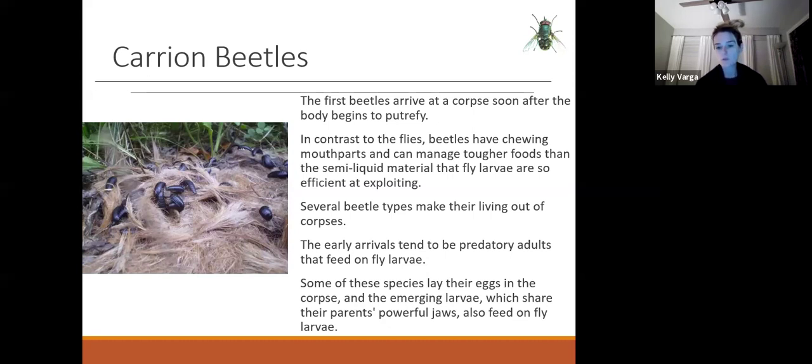Some of these species will lay eggs in the corpse, and they will emerge as larvae, which share their parents' powerful jaws, and they then turn around and start feeding on other fly larvae. So even the adult beetle and also the larva can be carnivorous and predatory on other larvae that are not their own.